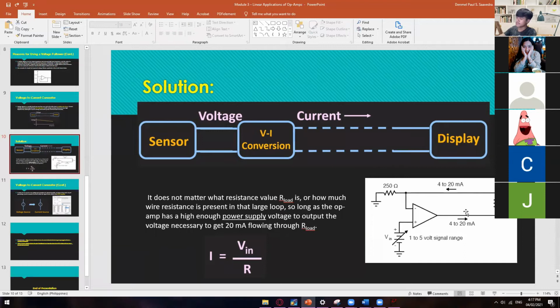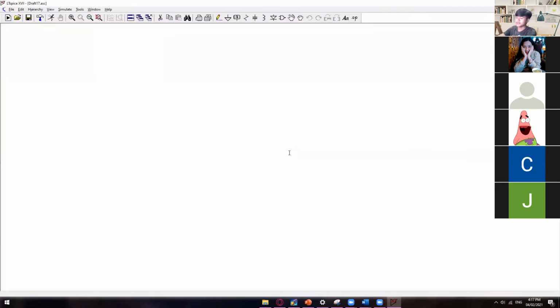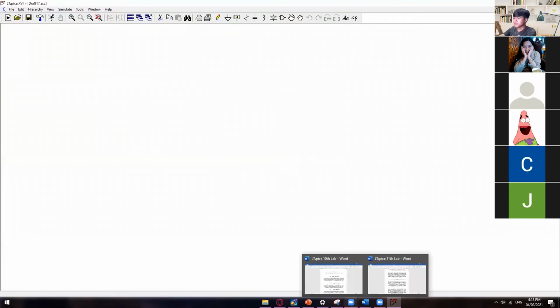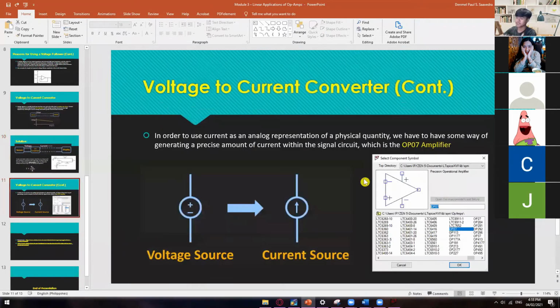Let's see in LTSpice if we can do this one. One thing you have to take note of under the voltage to current converter is you must use a specific amplifier. Let's discuss this one now.